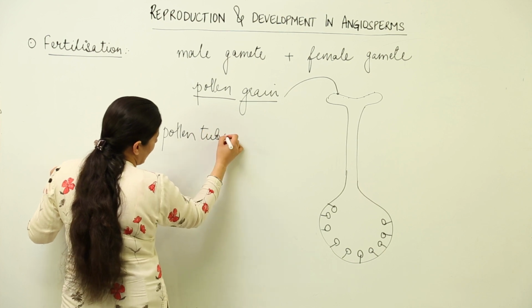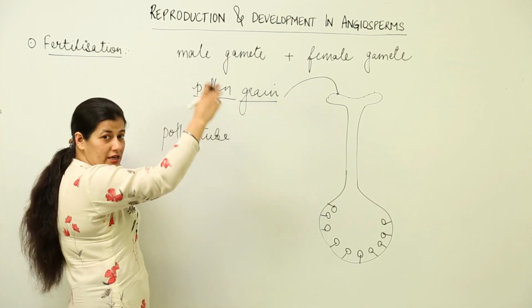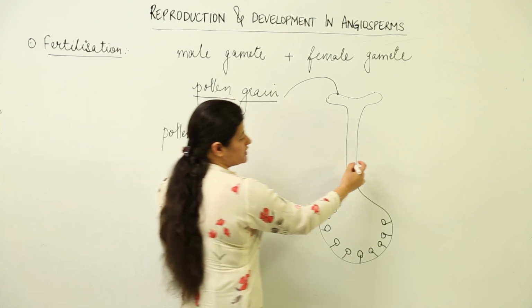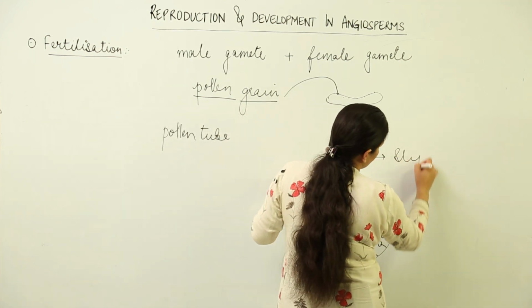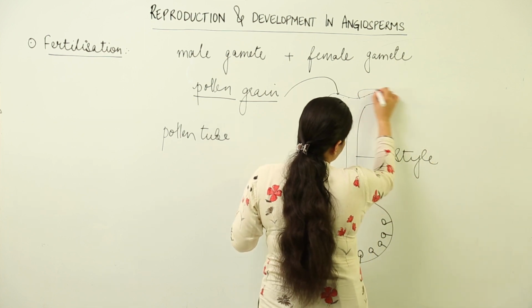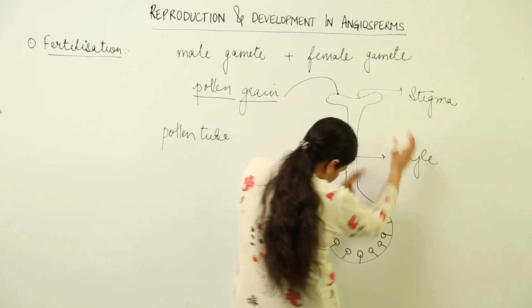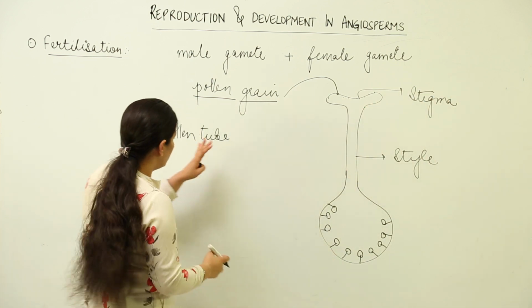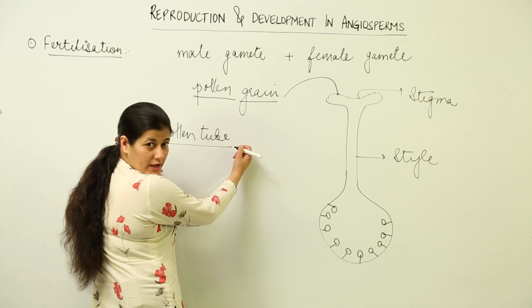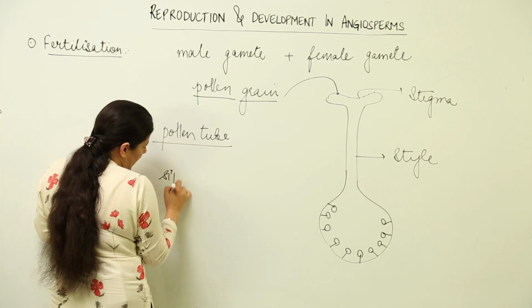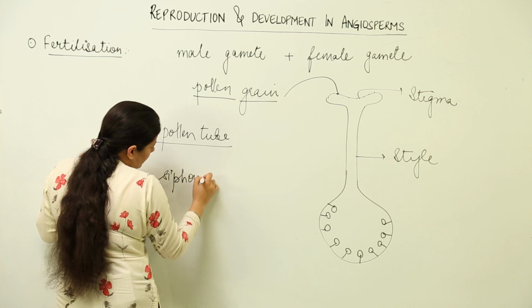Now, whenever the gamete is being carried by the pollen tube through the style after reaching the stigma, which is receptive to the given pollen, in order to reach the ovule, the pollen tube is being formed as we have talked. So this formation is known as siphonogamy.